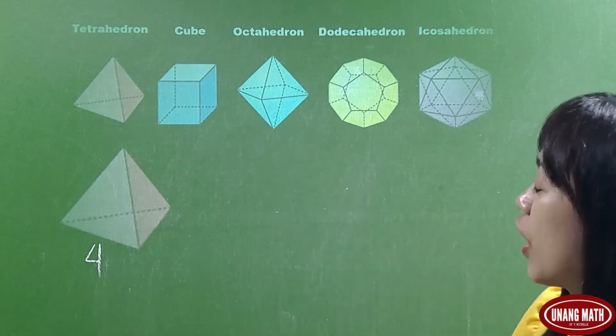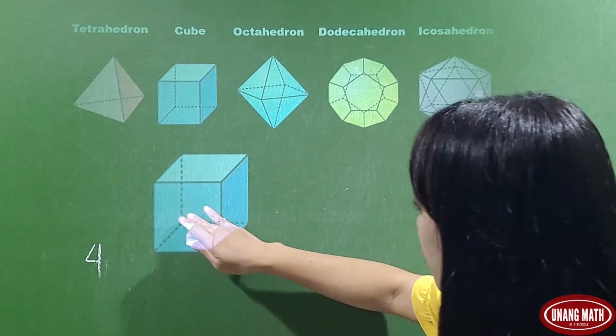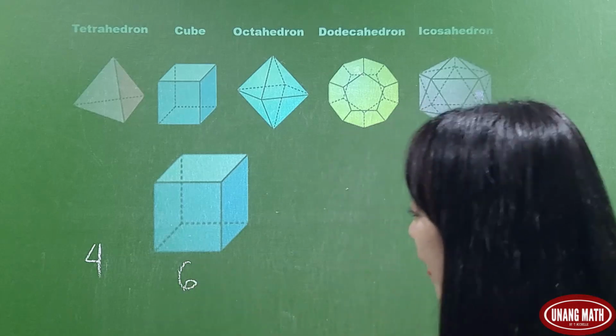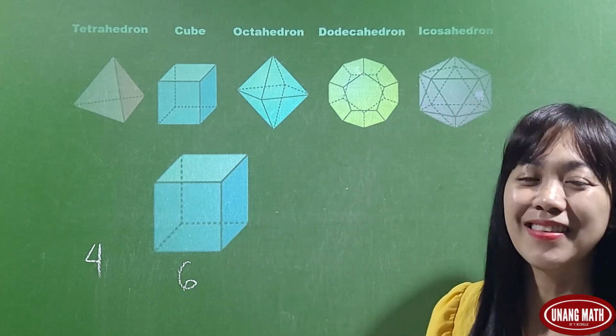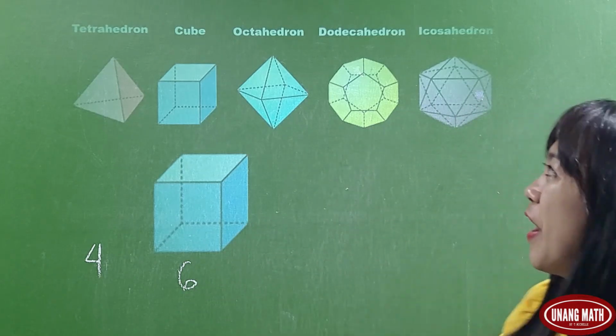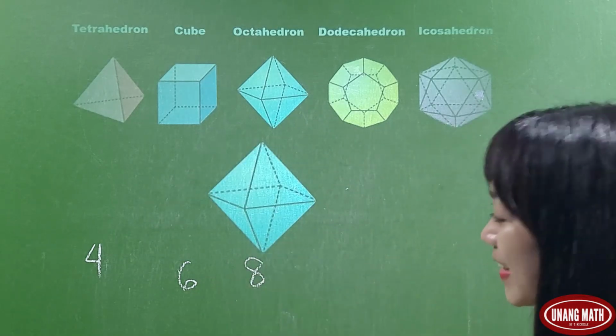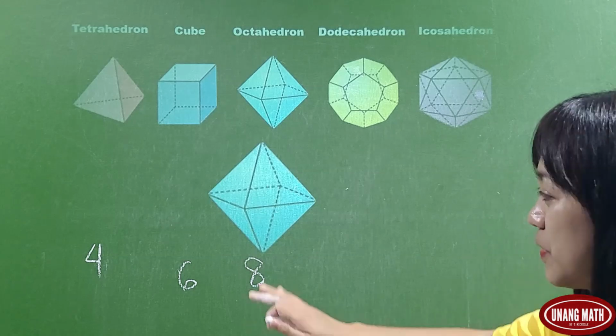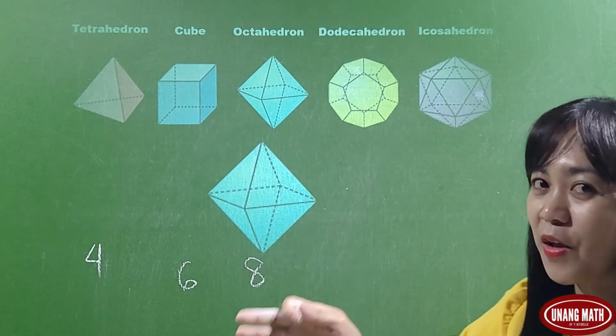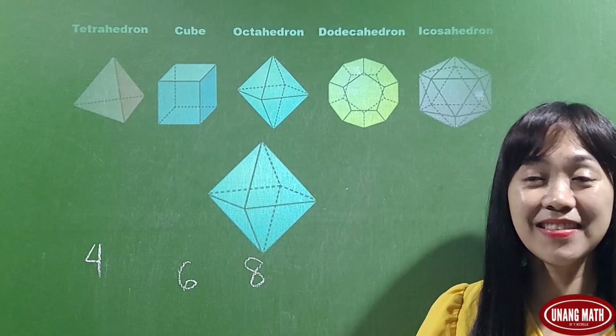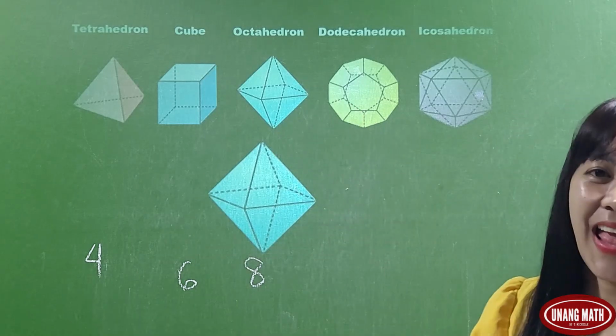Okay, what about cube? If it's a cube, then we have 6 faces, and those faces are squares. For octahedron, we have 8 faces, specifically 8 equilateral triangles as the faces of octahedron.